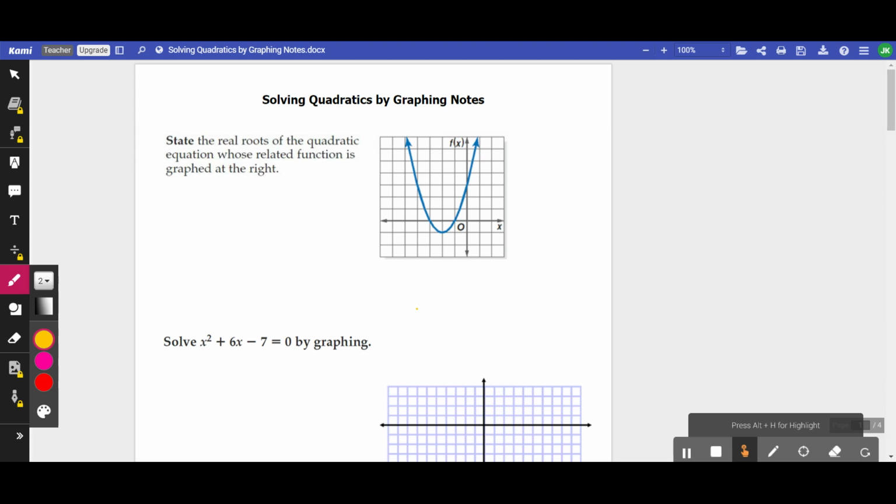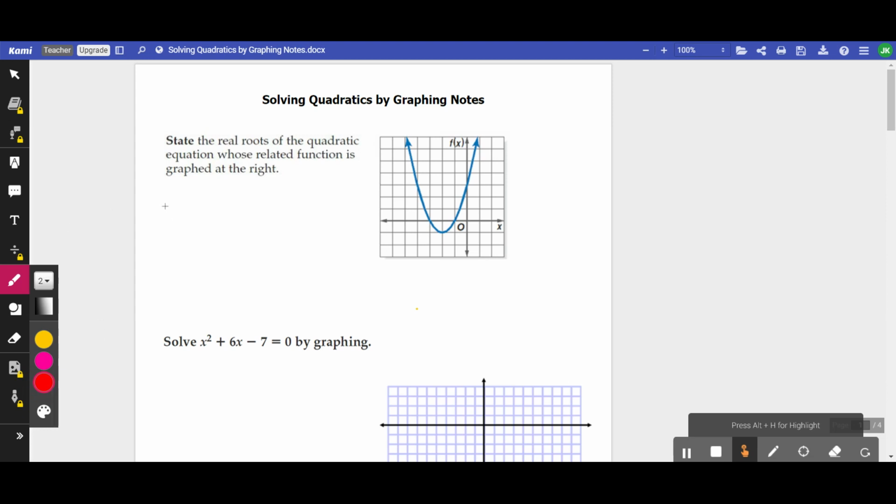For this first question, it asks you to state the real roots of the quadratic equation whose related function is graphed at the right. Pretty much this is asking you for the roots. When they call them roots, there are a couple of different names they can have.